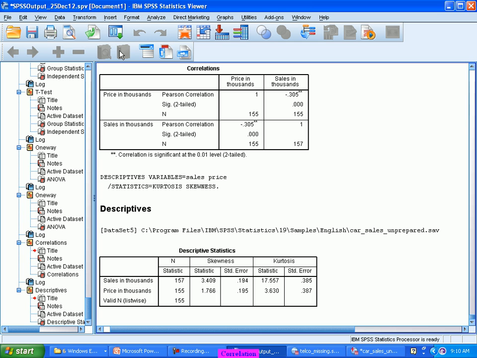If it is not normal, I cannot apply processes like t-tests or correlations. Even if I apply them, they are not that strong, and the output is probably not a good output to consider. So I should transform the data, make it normal, and if required, eliminate one or two outliers until it becomes normal, and then apply correlations or everything.